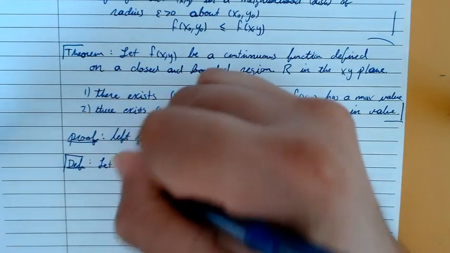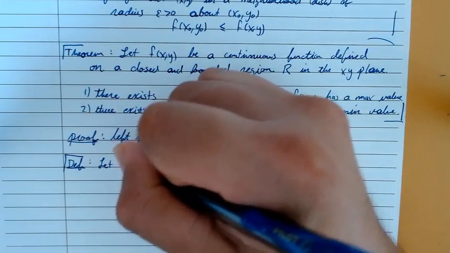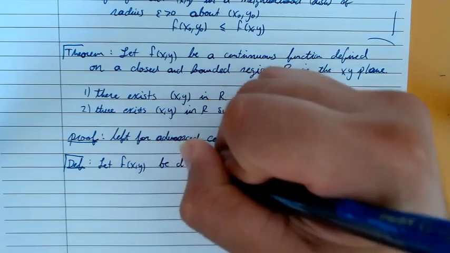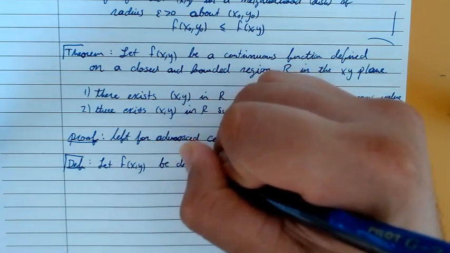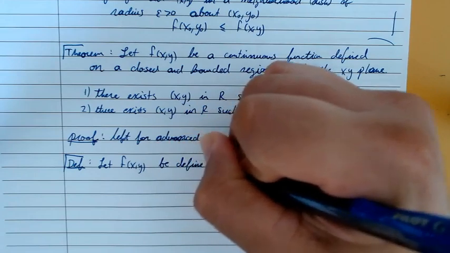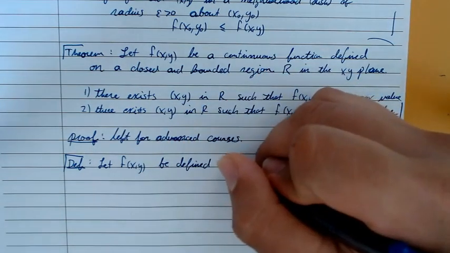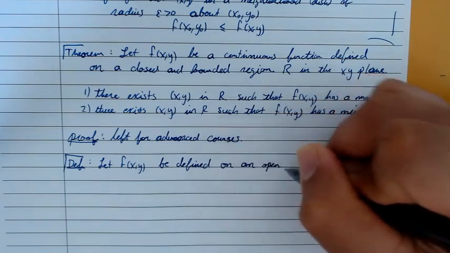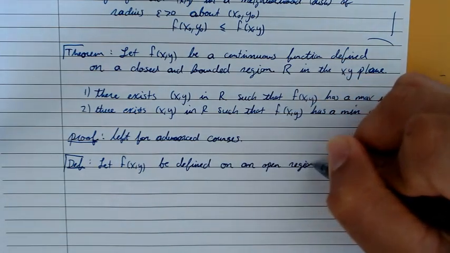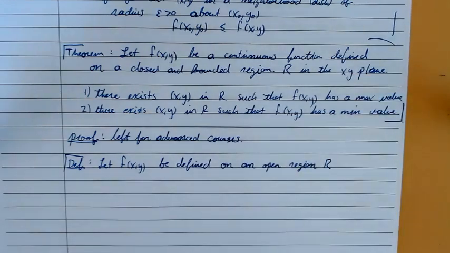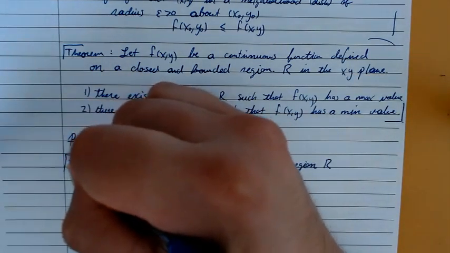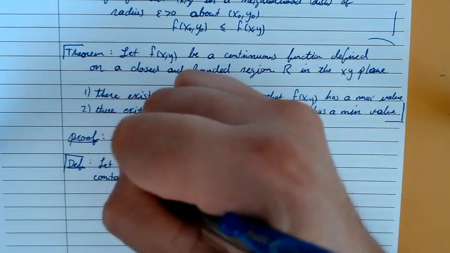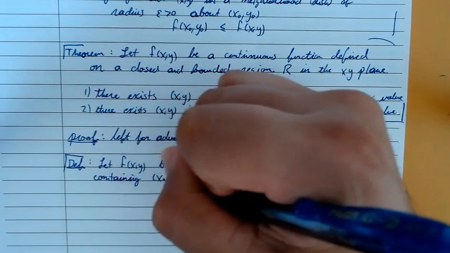Let's have a function f of two variables. Let f of x comma y be defined on an open region R which contains some point, which we'll call x naught comma y naught.